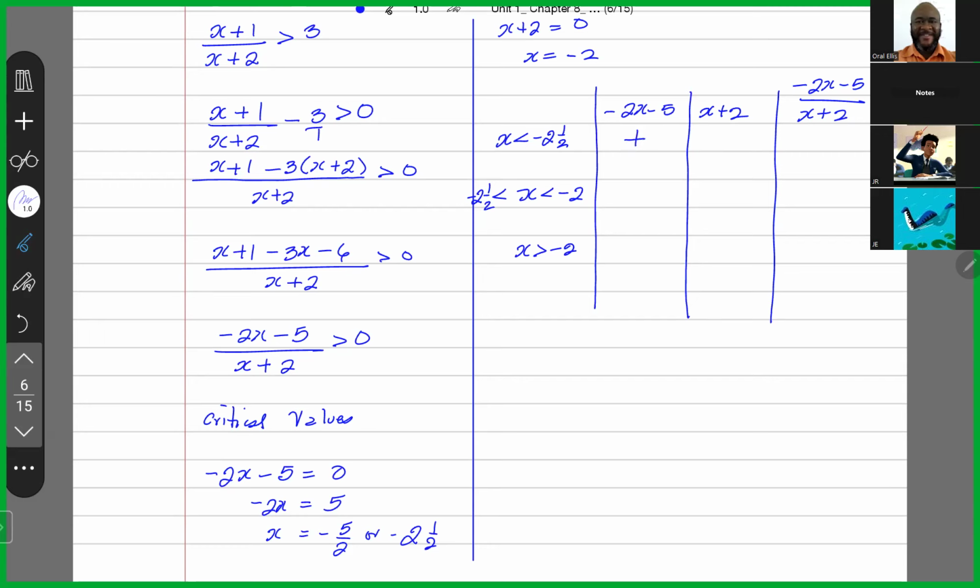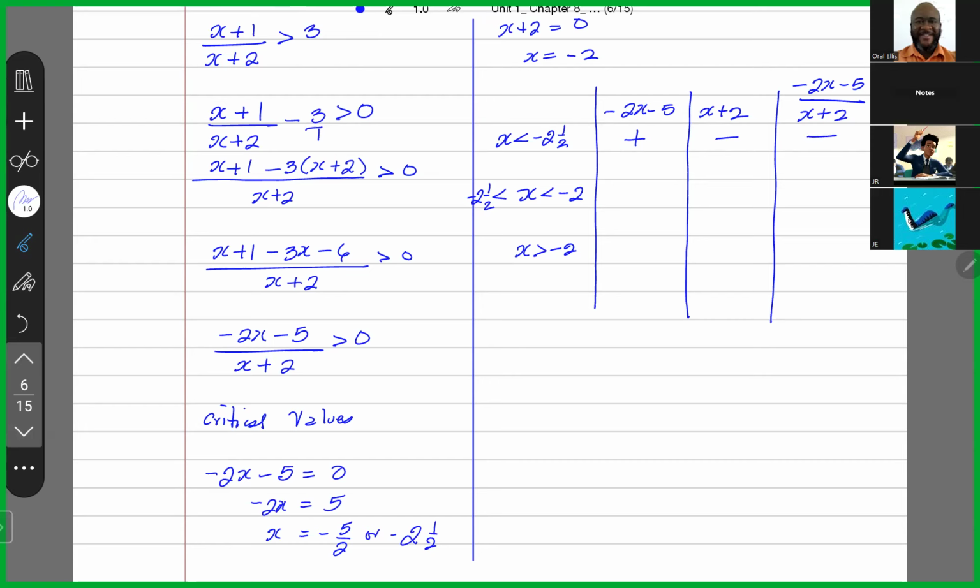Because if x is minus 3, minus 2x would be minus 2 times minus 3, which would make that positive 6, minus 5, which would make it positive 1. So if x is minus 3, minus 2x minus 5 is positive. If x is minus 3, x plus 2 would be negative. And a positive divided by a negative is a negative.